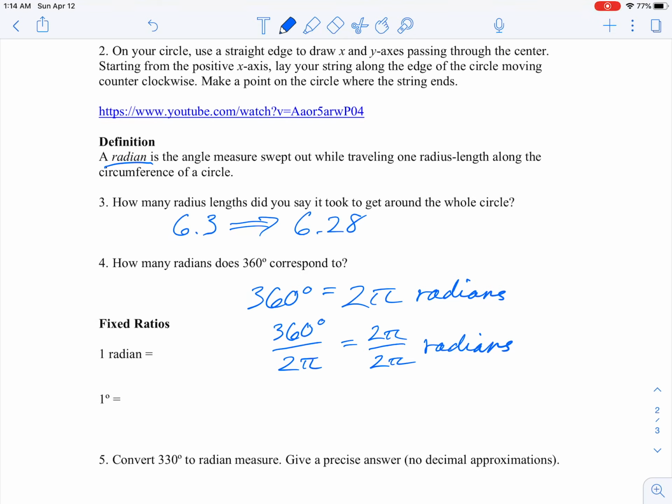The upshot, after we simplify and all the dust settles, is that 180 degrees over pi equals 1 radian. So there's our first conversion factor. 1 radian is 180 degrees over pi. By similar token, 1 degree is going to be pi radians over 180 degrees.